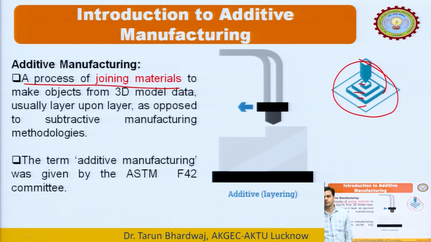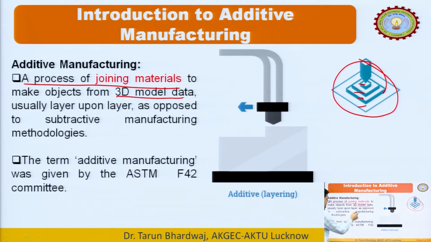In the welding process, we join two materials, and we do not join layer by layer. But in the additive manufacturing process, we join the material in a layer by layer fashion. The basic advantage of this process is that we can make objects directly from 3D model data.